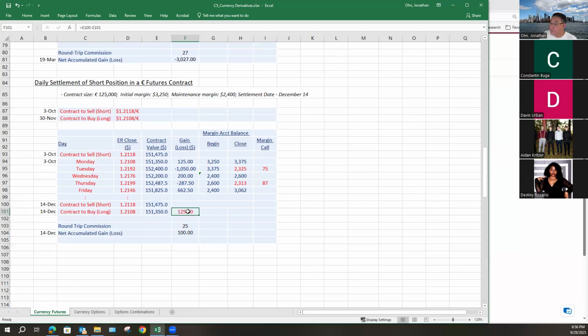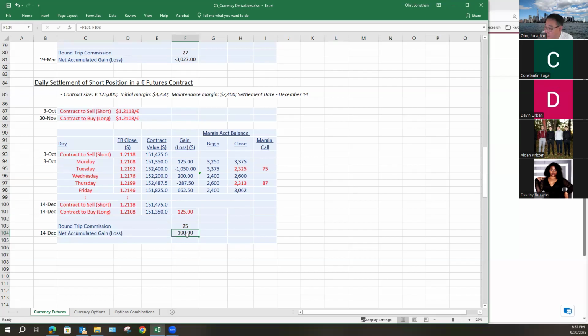So $125 is the gain, right? But you have to pay a round trip commission. Suppose it is $25. Your net accumulated gain will be $100 from these transactions. This is how to complete the daily transactions and then the final transactions and calculate the net accumulated gain.